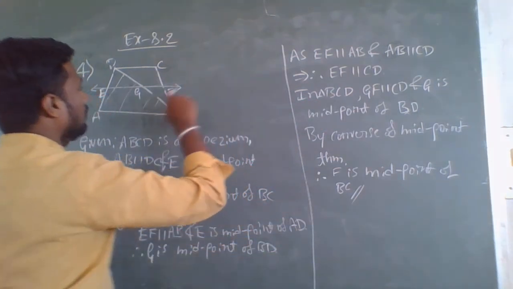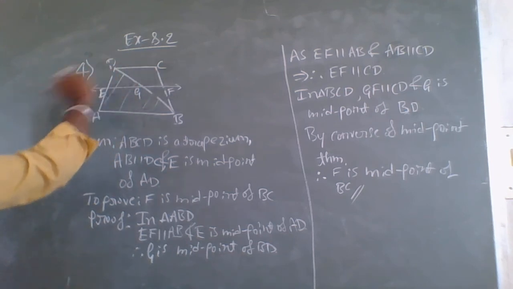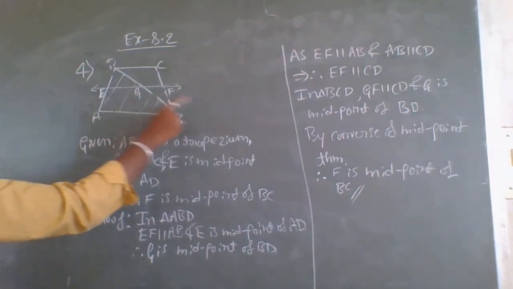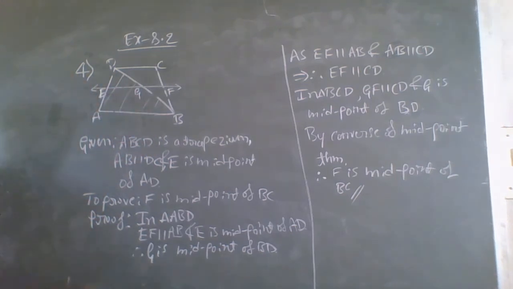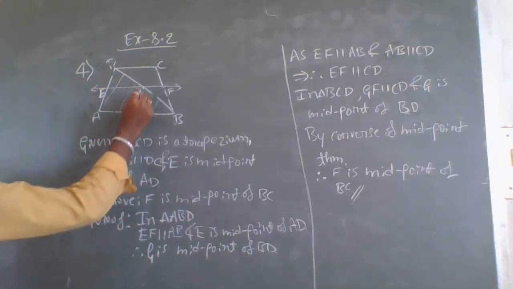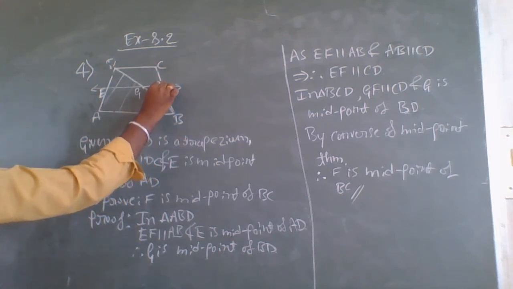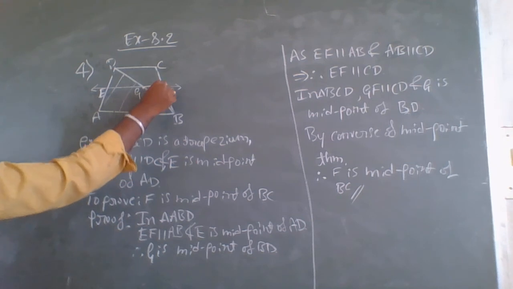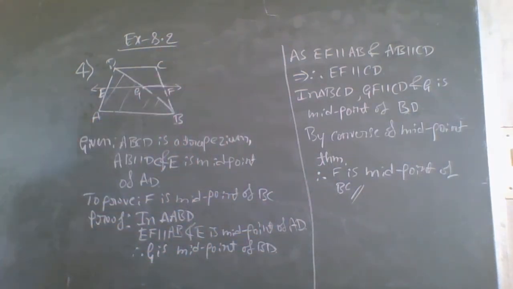In triangle BCD, GF is parallel to CD, and G is the midpoint of BD. So by the converse of the midpoint theorem, the parallel line through the midpoint of one side passes through the midpoint of the third side. Means F is the midpoint of the third side BC.